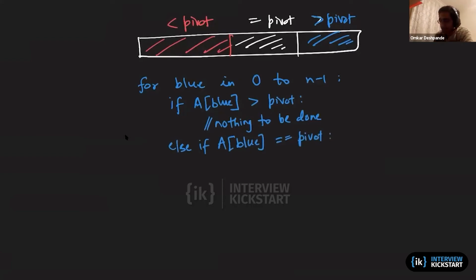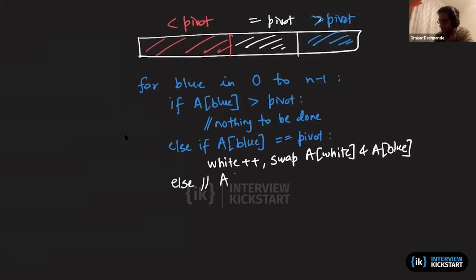In that case, you will do exactly what we did: white plus plus, and then swap A of white with A of blue. And in the third case, if that number is smaller than the pivot, that means it's red.